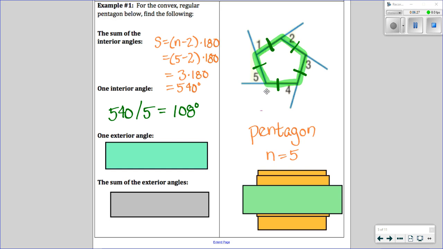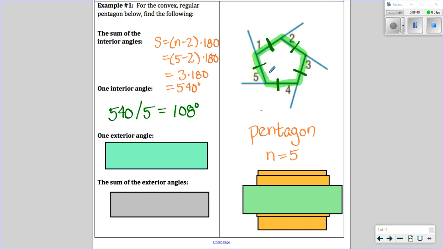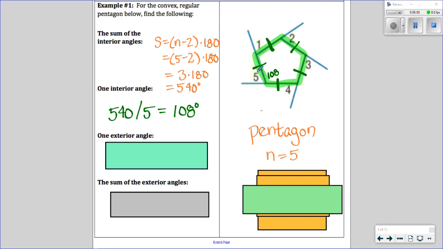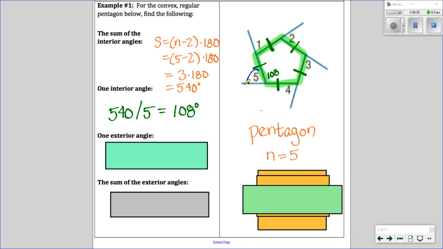Now in order to find one exterior angle, so notice, let's say we wanted to find angle 5. We know that inside this is 108. So whether it's angle 1, 2, 3, 4, and since we're looking for 5, so it would be 5. Notice what's happening here. I'm going to highlight that because we worked on this before. Notice that we have a line, and then we got 2 angles.